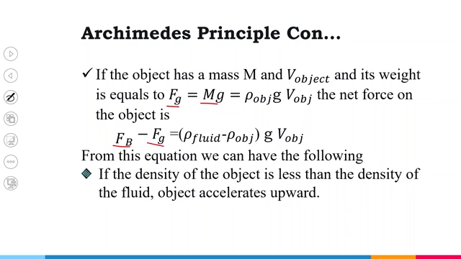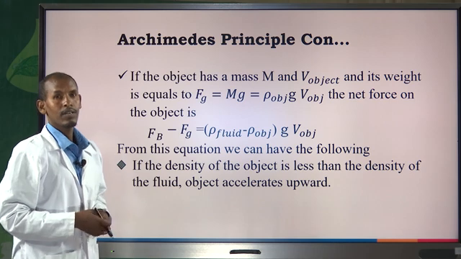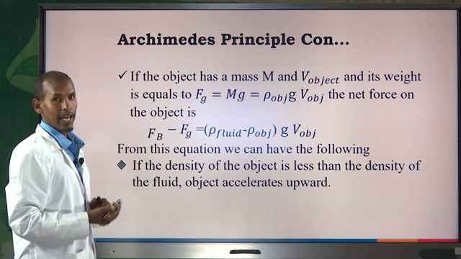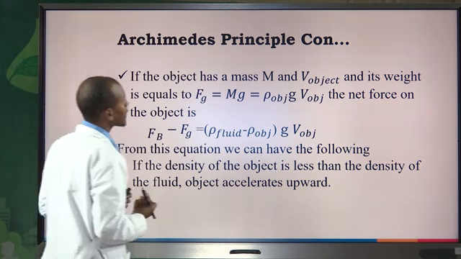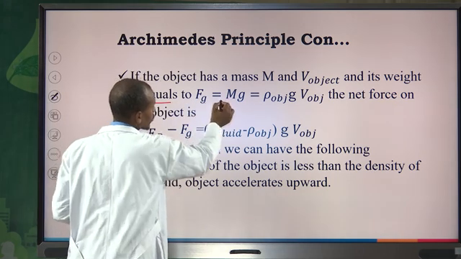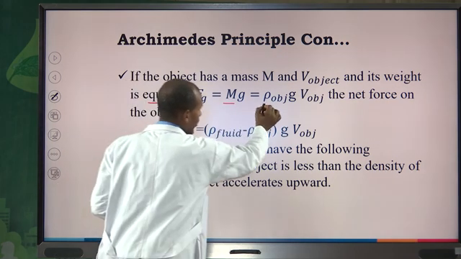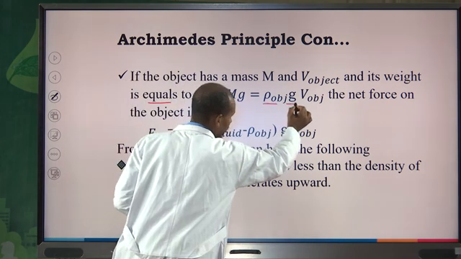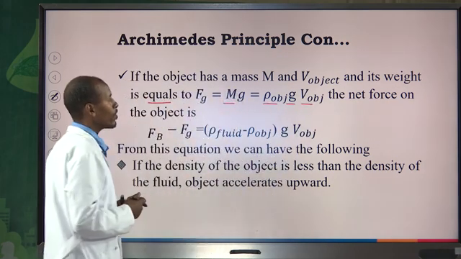If the object has mass m and volume V object, its weight is Fg equals mg, that is, the density of the object times the gravitational acceleration times the volume of the object.